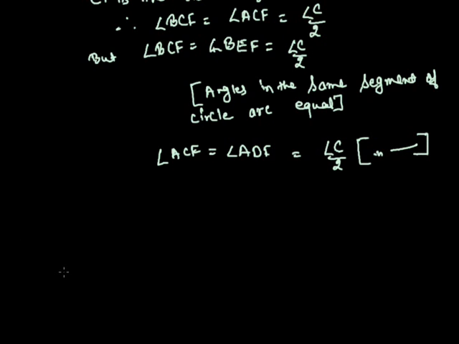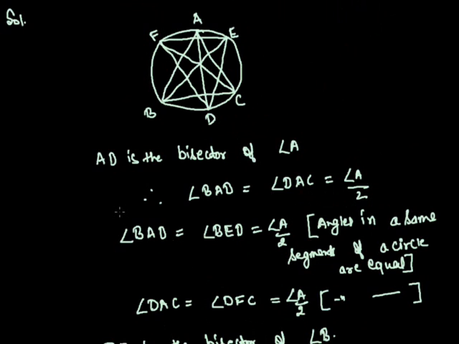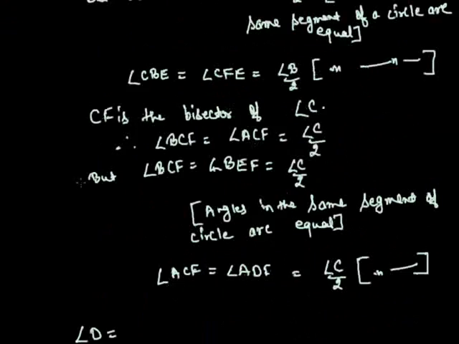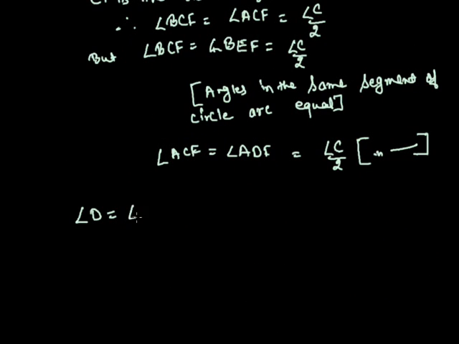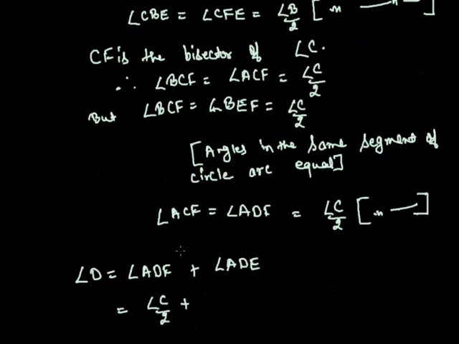Now we have to prove that angle D is equal to 90 minus A by 2. So we are finding angle D. Angle D is equal to angle ADF plus angle ADE. Now angle ADF is equal to angle C by 2 and angle ADE is equal to angle B by 2.